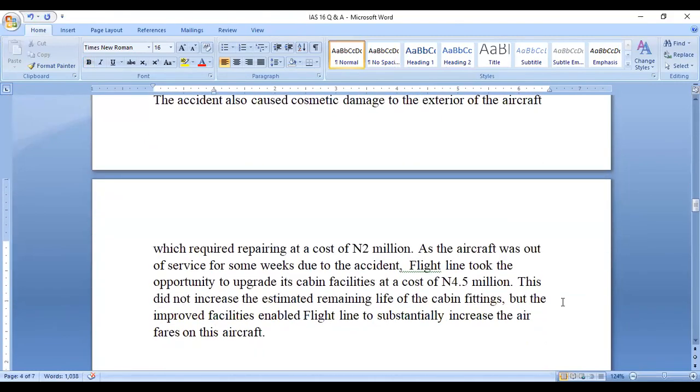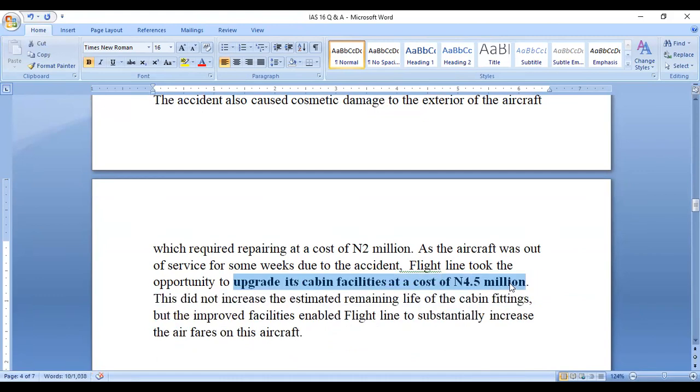We spent how much for the upgrade? 4.5 million. 4.5 million was spent on the upgrade, right? Yeah. So this is going to increase the cost of the asset because you've upgraded it.